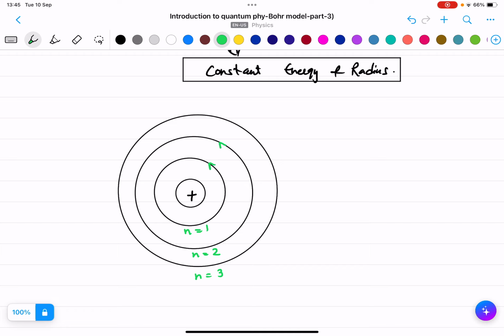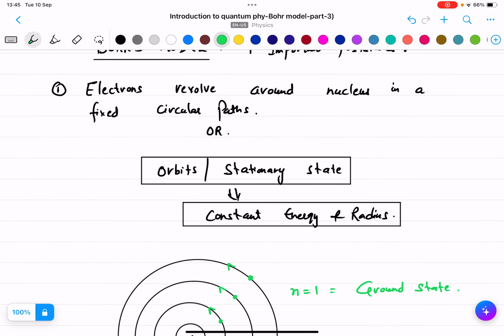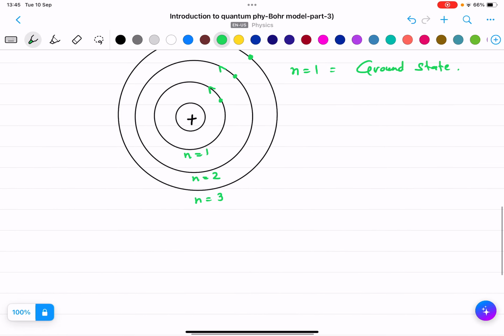In this direction the electrons are moving. This is one electron, this is another, and n equals 1 is the ground state. And what does the first statement say? Electrons revolve around the nucleus in a fixed circular path. Now the second one.